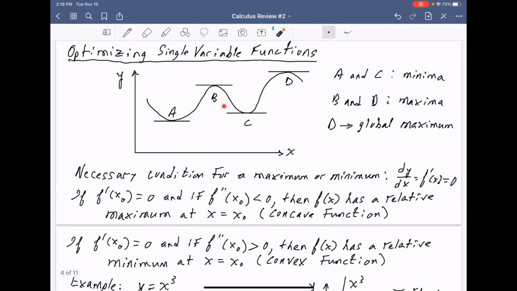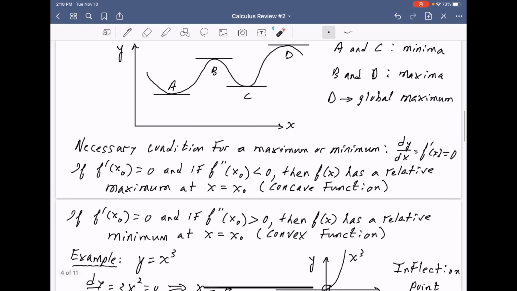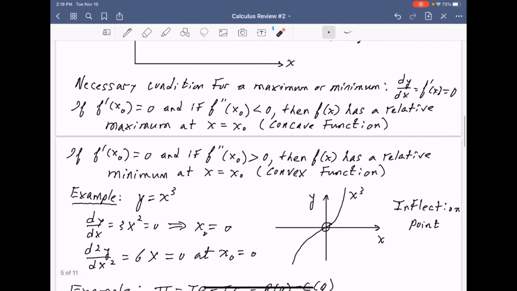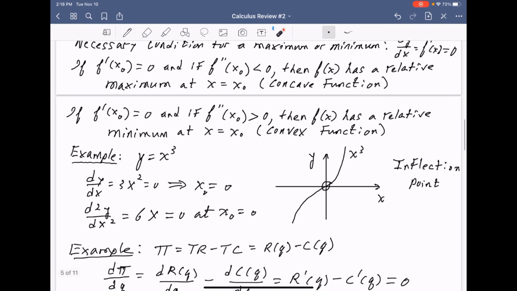So the function is convex in this region, and this region, and it's a concave function in those two regions. So a convex function has the property that f prime of x0 is 0, and the second derivative, f double prime of x0, is positive. So you have to remember that, and we'll get back into that in a little more detail later on.